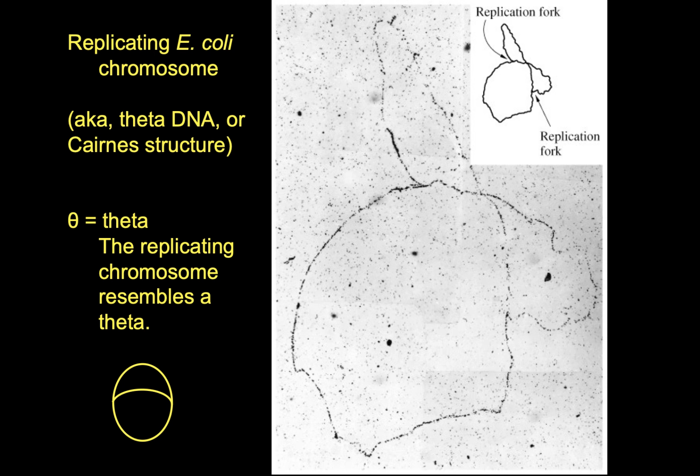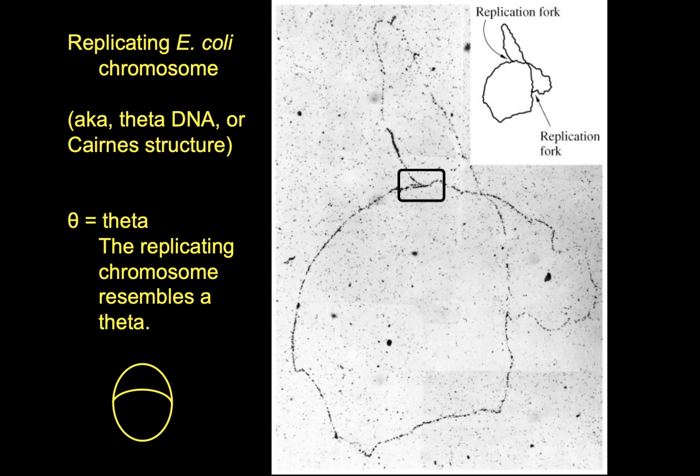He used radioactive nucleotides and then isolated replicating molecules, put them on some photographic film, and looked at where the radiation was exposing the film, and could follow the replication of these molecules.